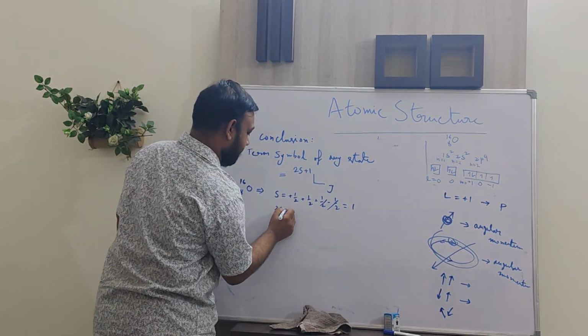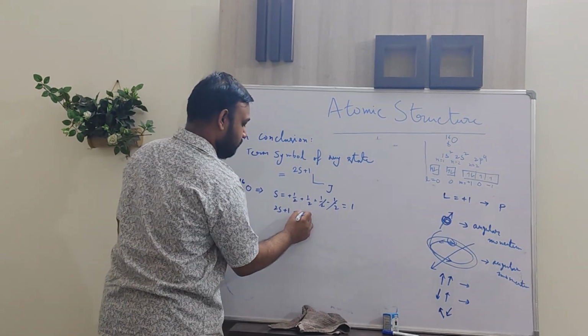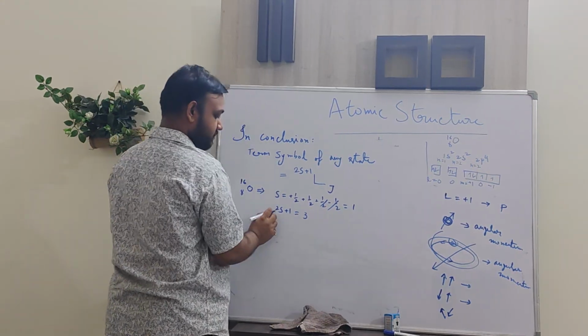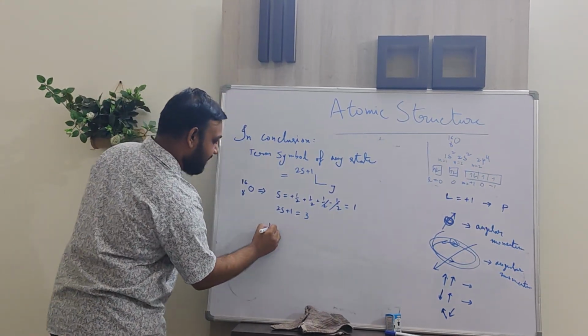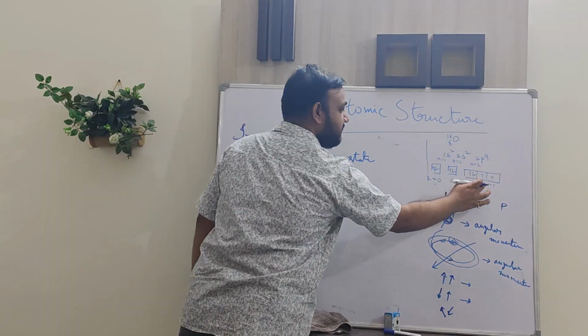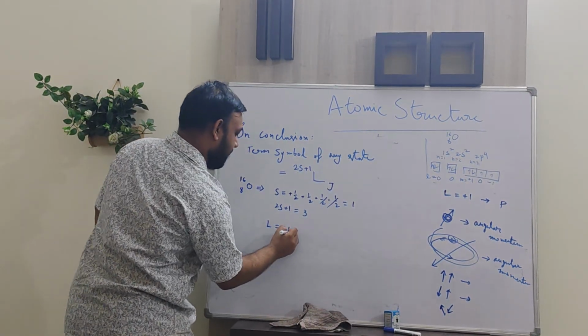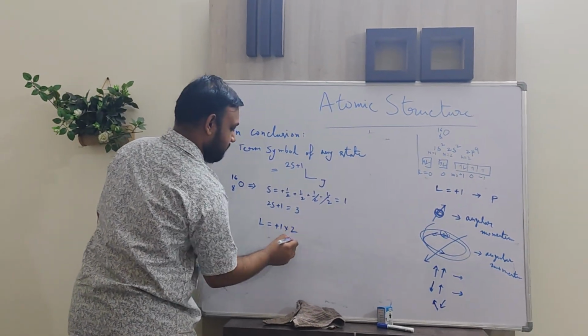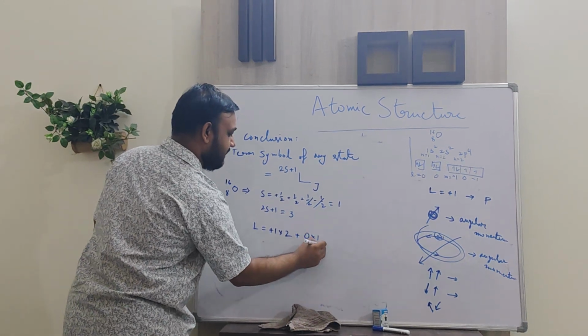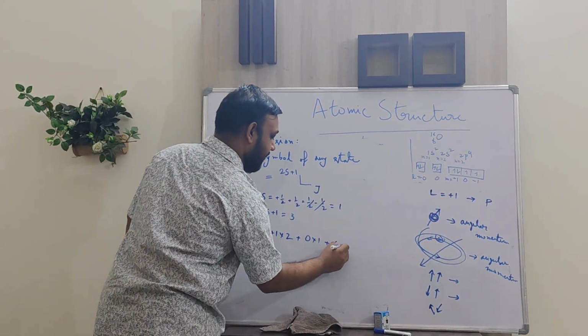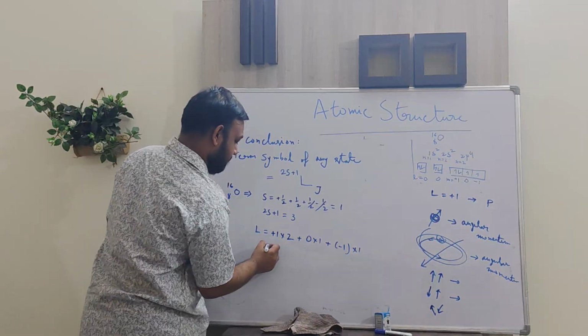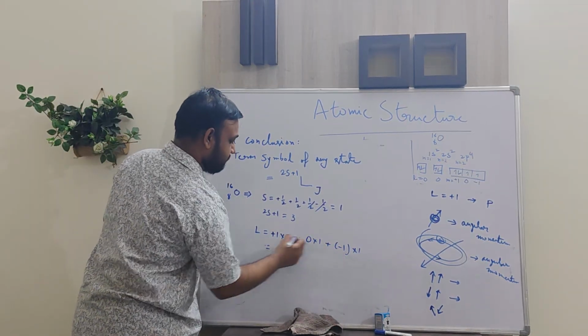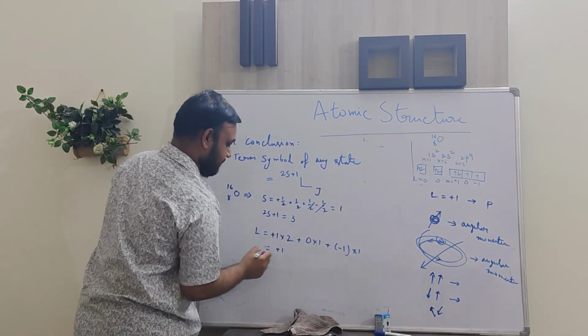So 2S plus 1 is giving 3. Now for L values, plus 1, 0, minus 1. Plus 1 has 2 electrons, 0 has 1 electron, minus 1 has 1 electron. It is giving minus 1 plus 2, this is giving plus 1.